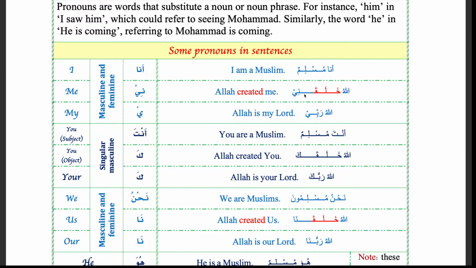So remember, let's say the word kitab means book. You want to say the book of me. In English we say my book. We're going to come to that, right? My book. What do you say? Kitabi. Right? That changed the kasra to suit the ya.